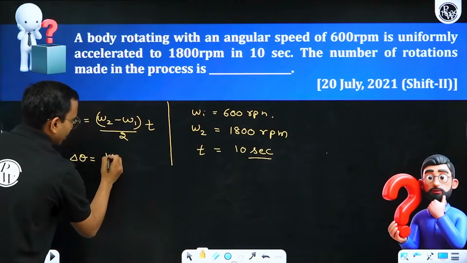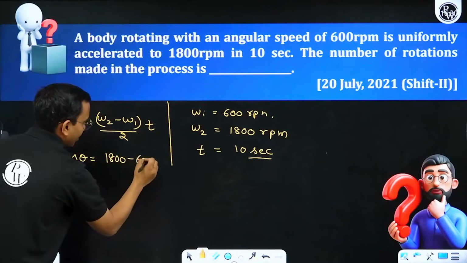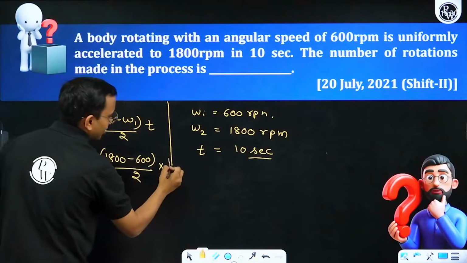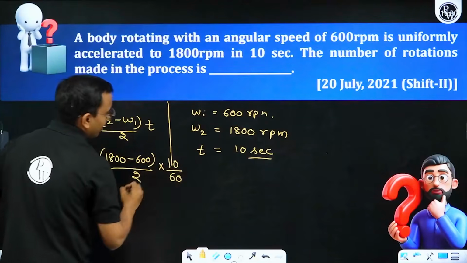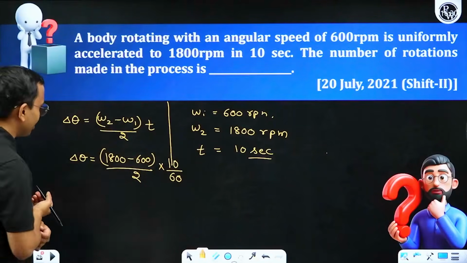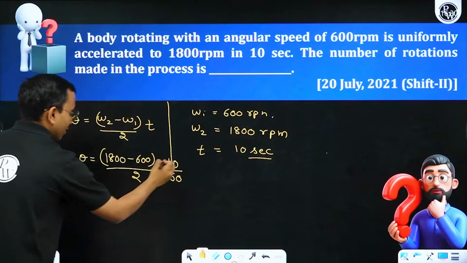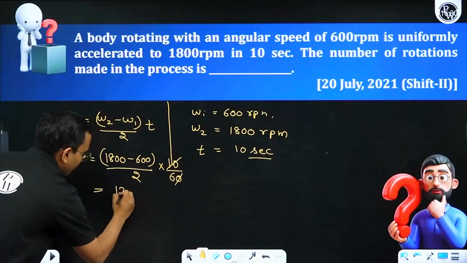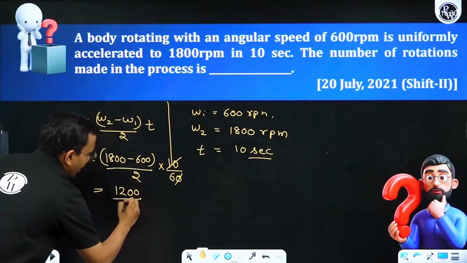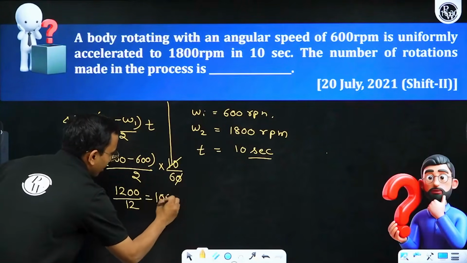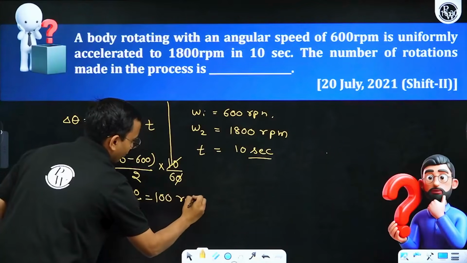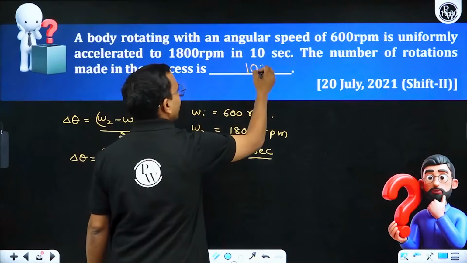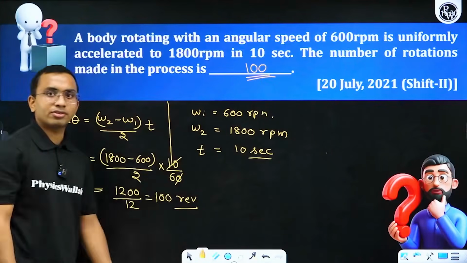So 1800 plus 600 by 2, multiplied by the time in minutes. This is in seconds, so 10 by 60 will become minutes. So this 10 is getting cancelled. So what it is, 1200 divided by 12. So this is 100 revolutions. Okay, so in this process, it made 100 revolutions.